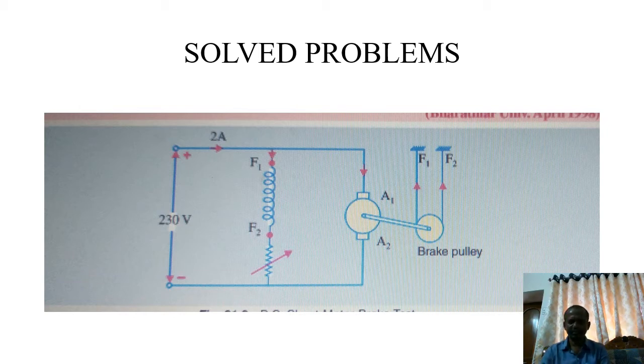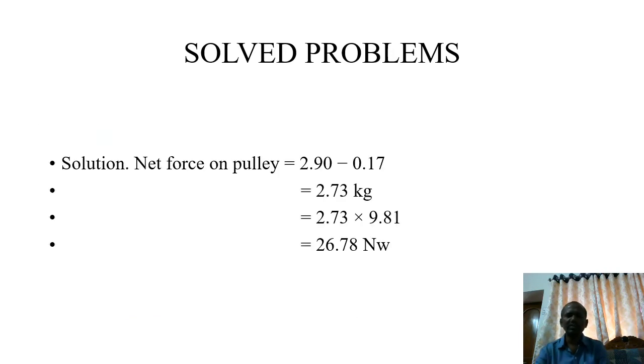Here you can see the net force applied on the pulley is W1 minus W2. So 2.90 minus 0.17 is equal to 2.73 kg.